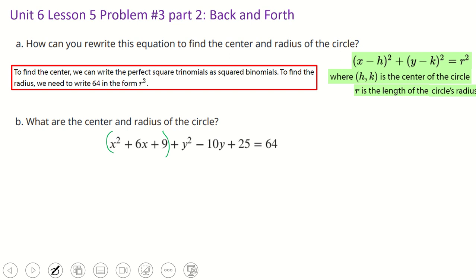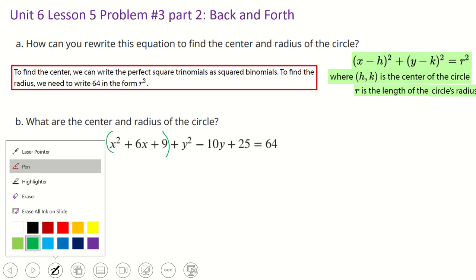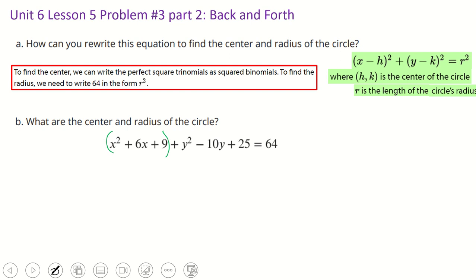So again, we said that in our pattern for trinomials, our last term is going to be squared. So I need to think of what number could I square to get 9? Well, in this case, I know that I could either pick 3 or I could pick -3. Now, what should I pick?